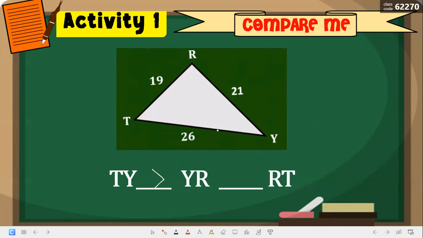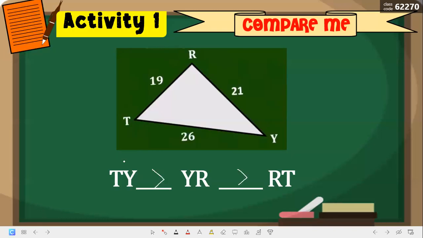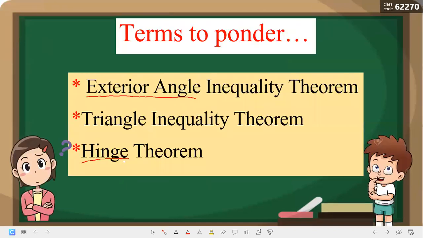And of course, YR is longer than TR. Therefore, YR is greater than RT. If we're going to read this inequality sentence, we start at the middle. So we have YR is greater than RT but less than TY. So that's the technique on how to read that inequality.